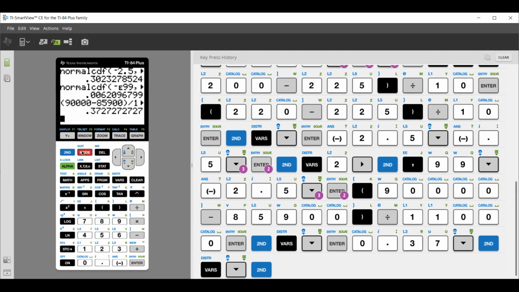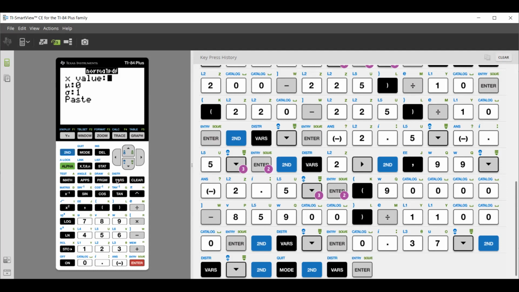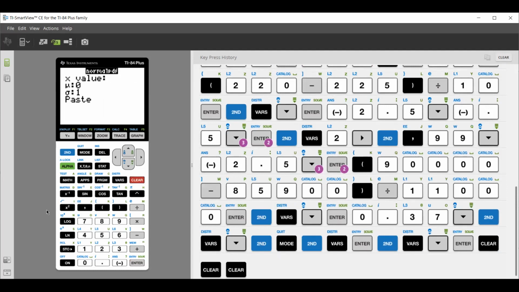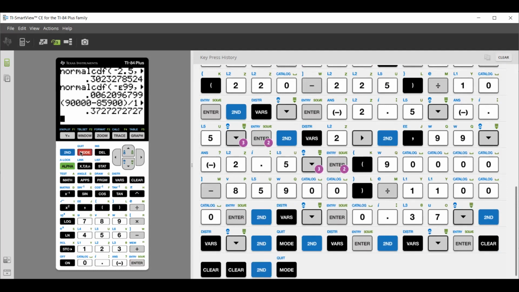But wait, what did I do? Hold on. I did something wrong. I entered the PDF instead of the CDF. Let me clear this out. I made myself a mess here.